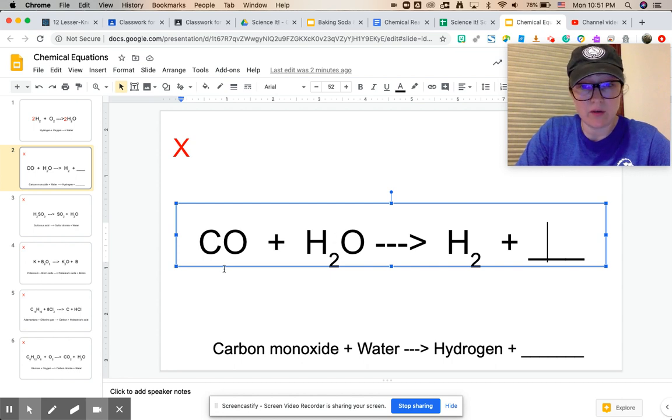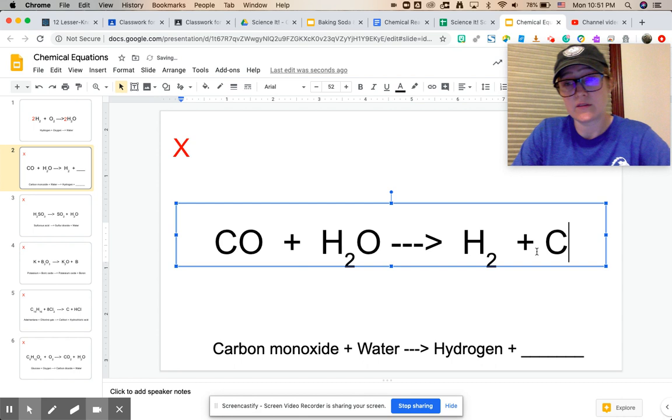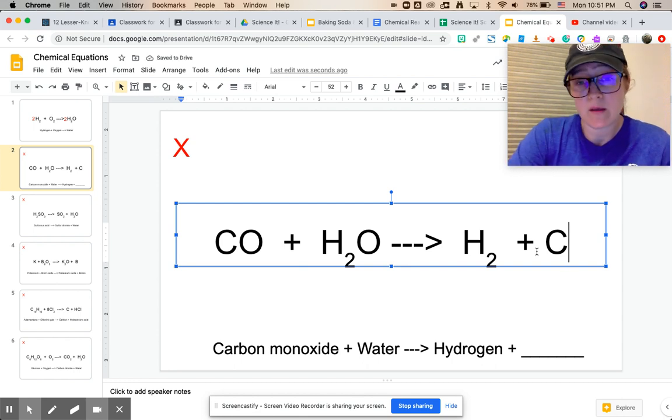I have a carbon over here, but I don't have a carbon over here. So I know this gas has to have some sort of carbon in it. What's a very common gas that has carbon in it? It's one that's causing us lots of problems right now in terms of global warming. Okay, that's enough of a dramatic pause. It's carbon dioxide, so CO2.